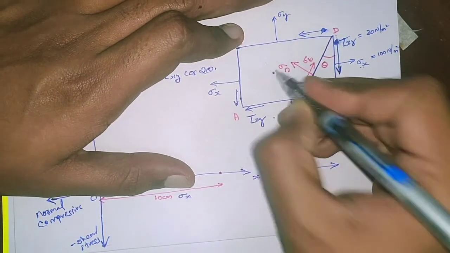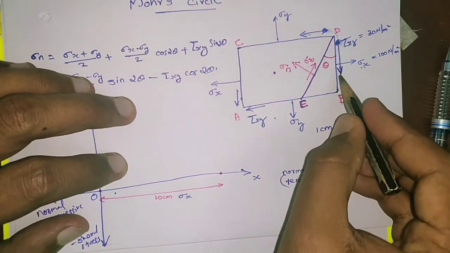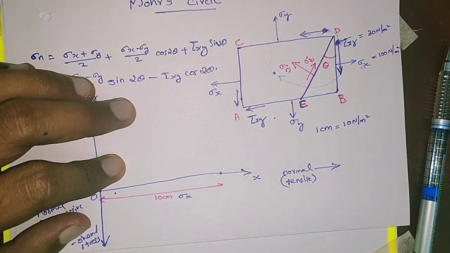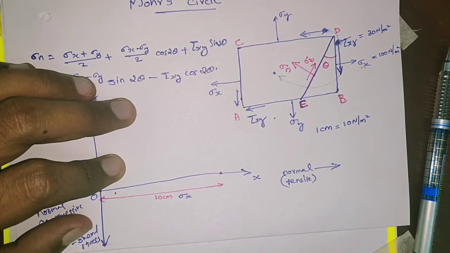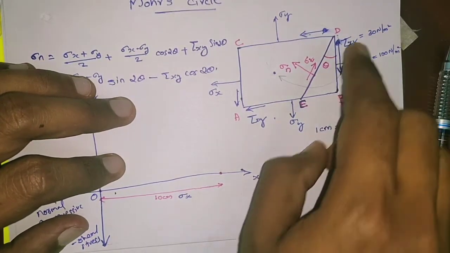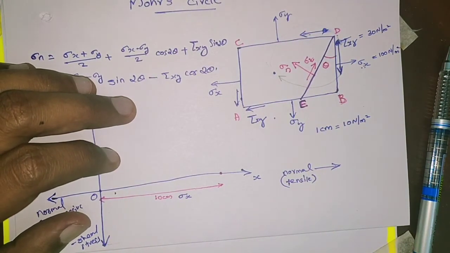So with respect to the center, what is the moment of this tau xy? This will be a clockwise moment with respect to center. So a clockwise moment of the shear stress with respect to center is taken as positive. That is the sign convention.